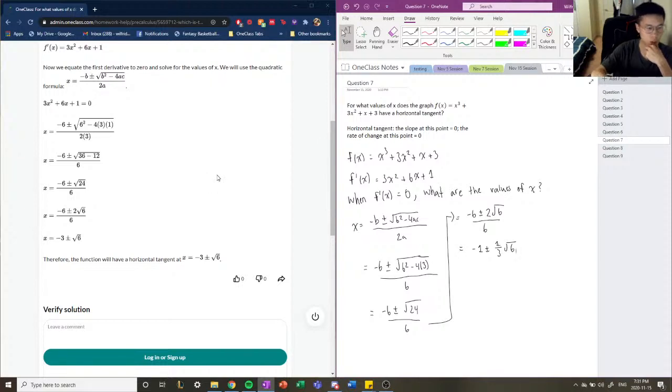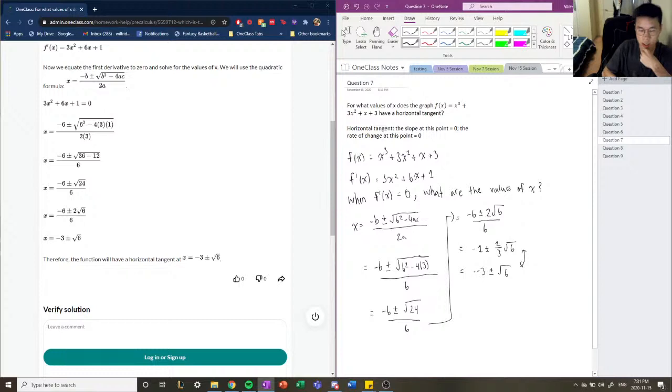Okay, so alternatively, I'm going to write the form that the junior tutor wrote here. So we're going to factor out 2 instead. So this can be alternately written out as -3 plus or minus 6. Oh, 6. So this and this are equivalent. So these are the values of x that will make f prime of x equals 0.